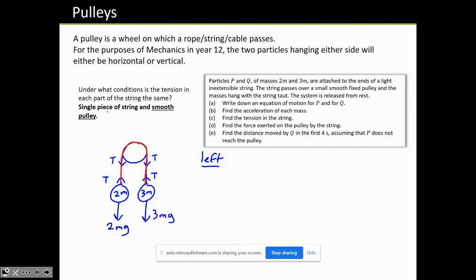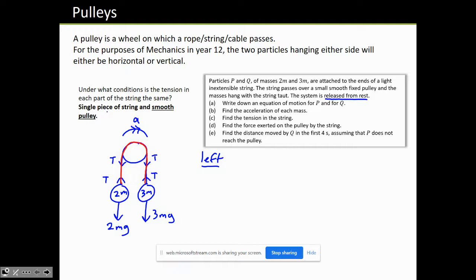Generally we expect this whole system to be accelerating in this direction, because we have a greater force going over the pulley in that direction. So the acceleration should be in that direction. It might be initially moving in the opposite direction, but it does say in this case the system is released from rest, so it has an initial velocity of 0. The masses themselves don't give us any information about the initial velocity, it's just the acceleration.